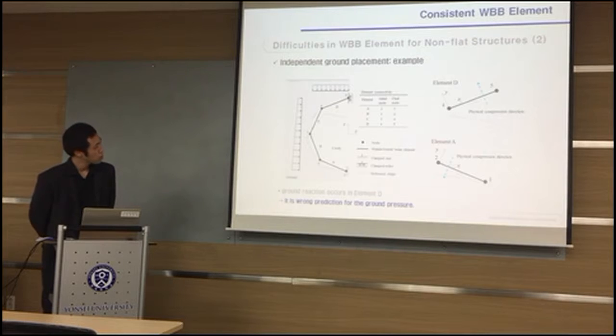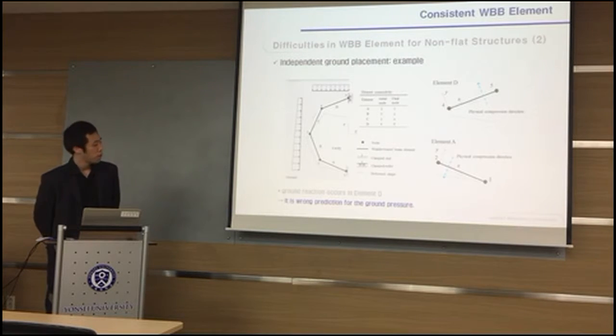The tunnel model using WBB is shown in this figure. The dashed gray line indicates the deformation shape. Considering the deformation shape, the loss of reaction is expected near the crown.